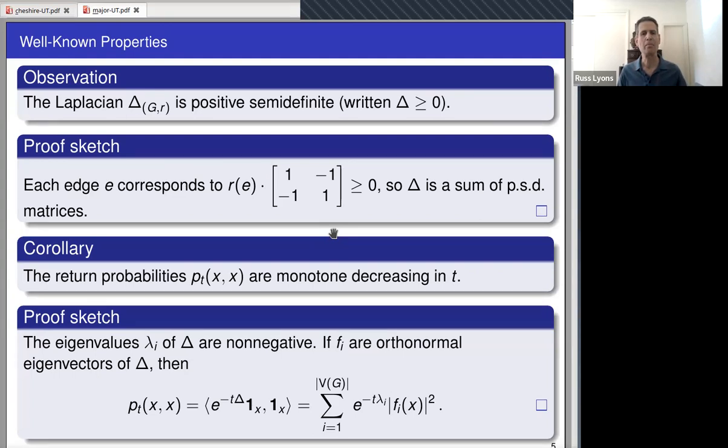So if we take an orthonormal basis of eigenvectors, f_i for delta, then we can write P sub t of xx, expand the indicator functions in terms of the eigenfunctions, and you will get this expression here. Sum over all the eigenvalues, e to the minus t lambda i times the norm squared of f_i of x. Well, as t increases, clearly this exponential decreases, and so we get the claimed monotonicity. Are there any questions?